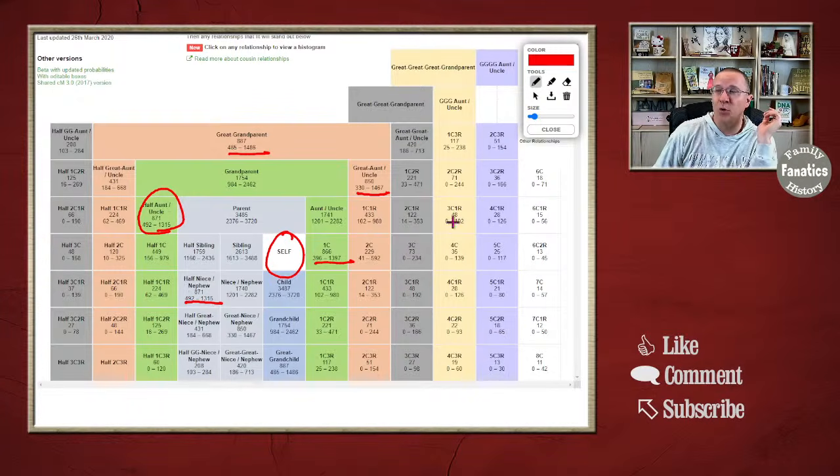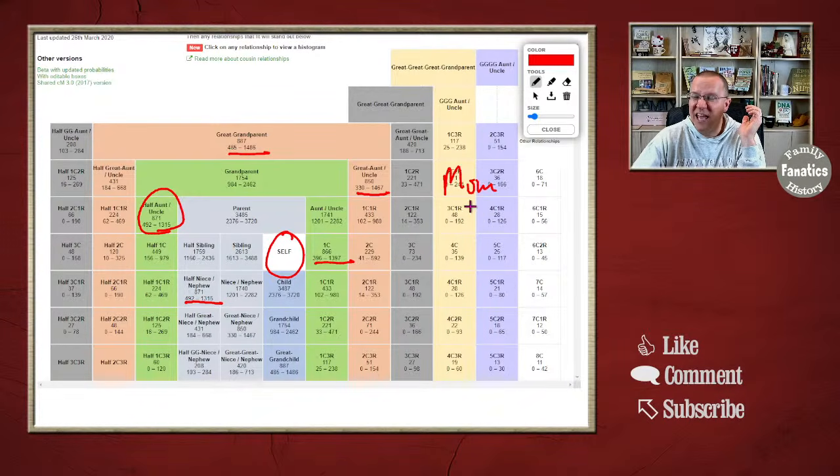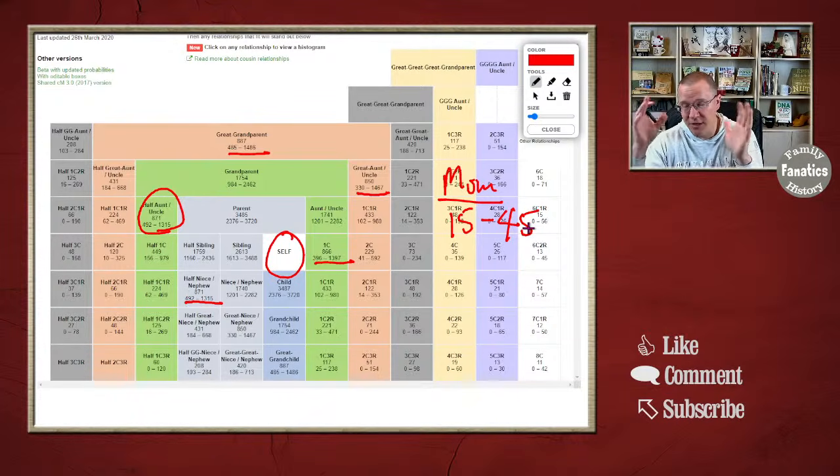And the reason why that's important is when we're talking about moms, they typically have kids between 15 and 45. There's a time period in there when they can have kids. Now, sometimes you will see some a little bit earlier, not much earlier than 15.